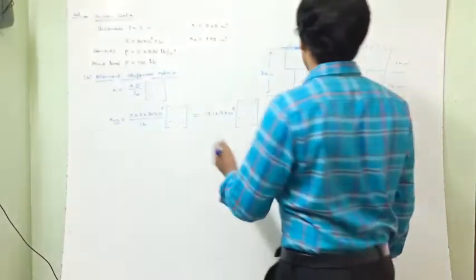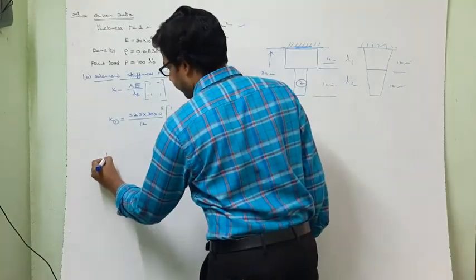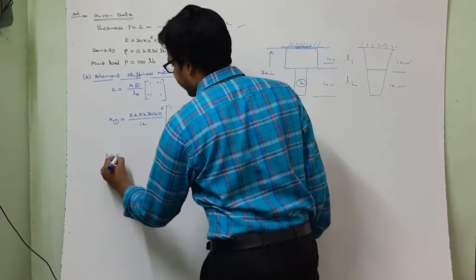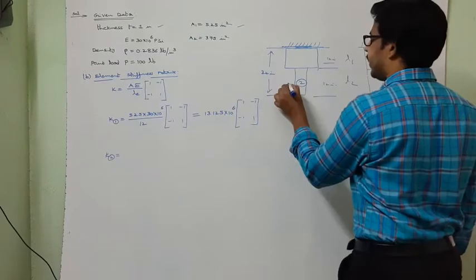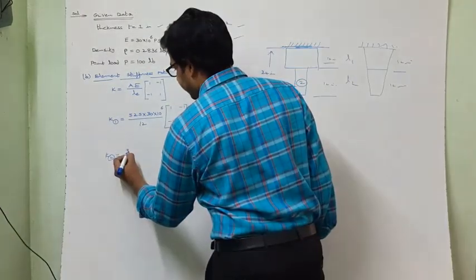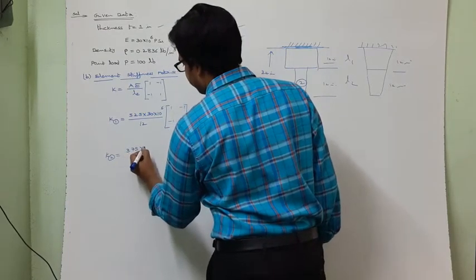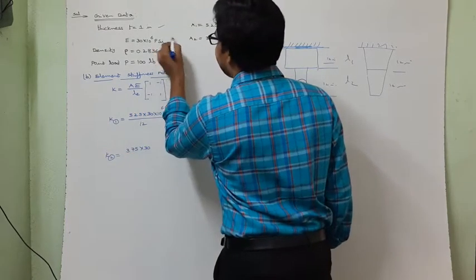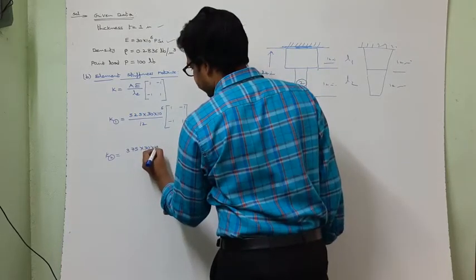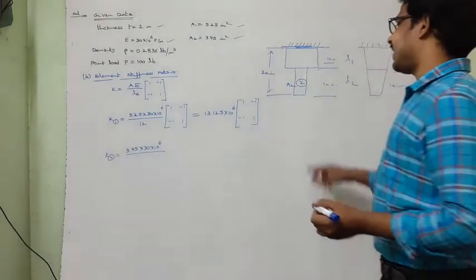Coming to the second one, K2 is the element stiffness matrix for the second element. What is the area of the second element? A2, 3.75 inches square, into what is the E value? 30 into 10 power 6, whole divided by the length of the second element.